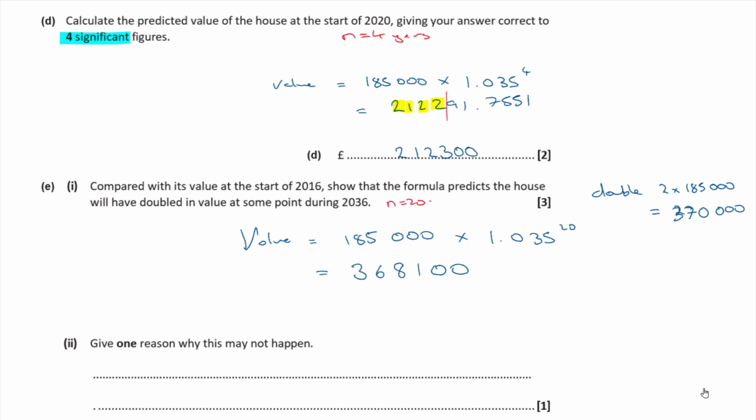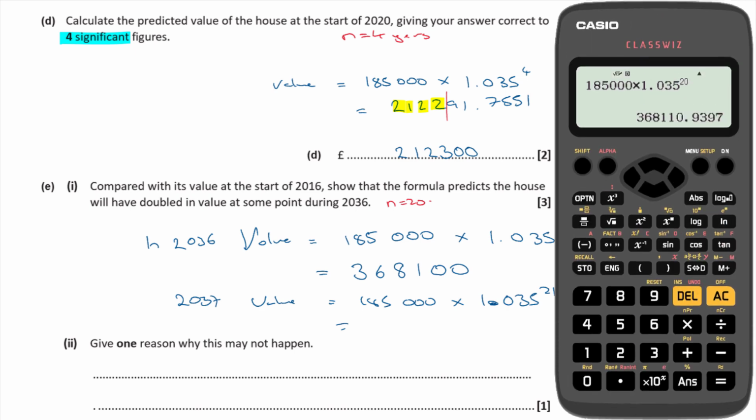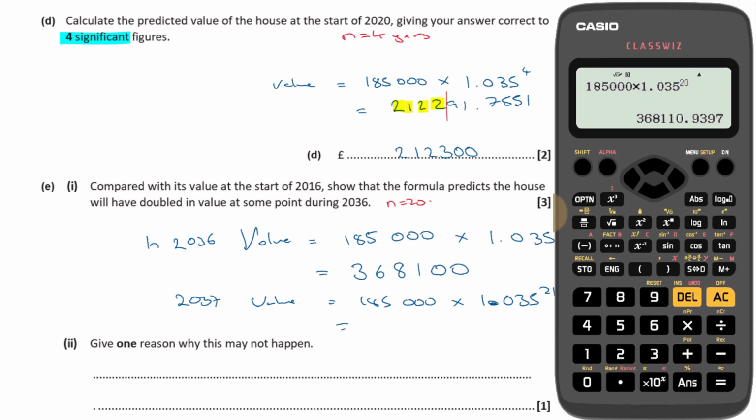So that's in 2036. Now in 2037, the value is going to be 185,000 times 1.035 to the power of 21.